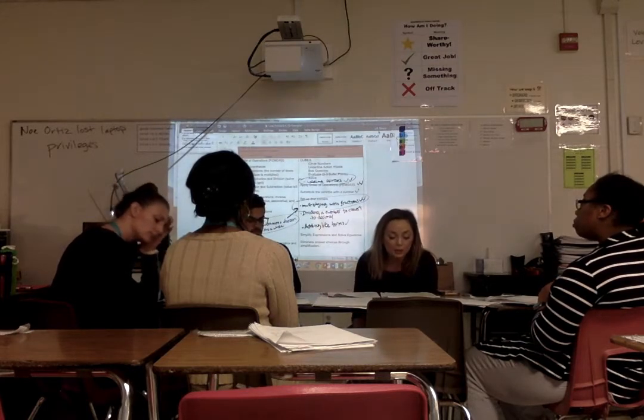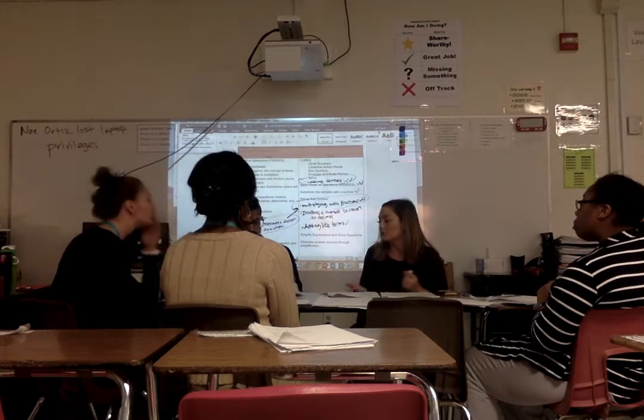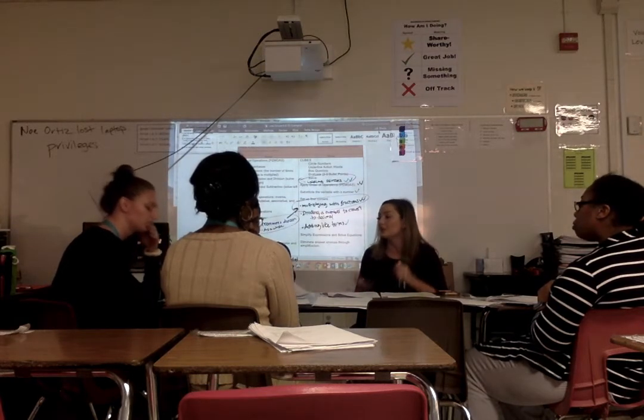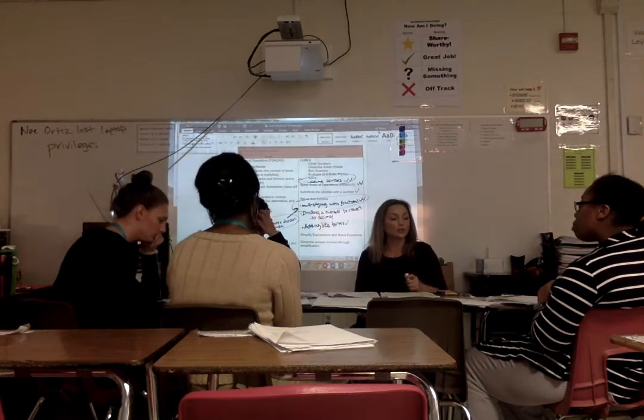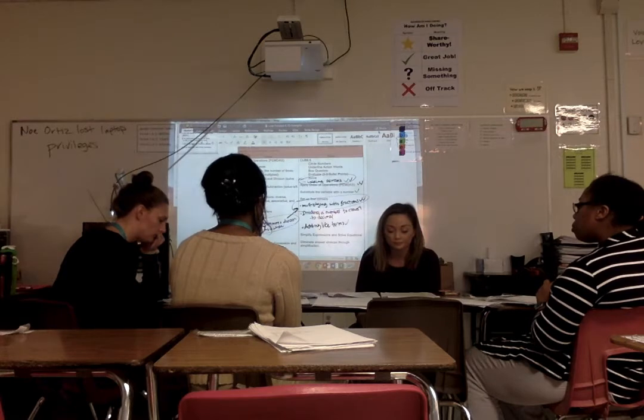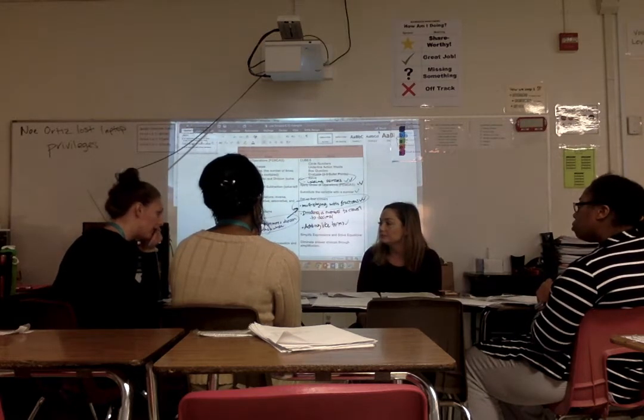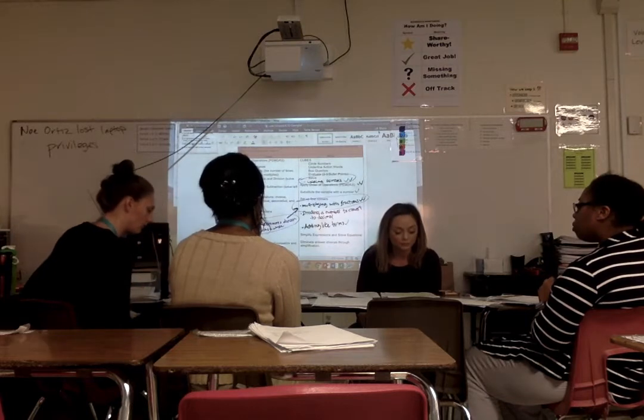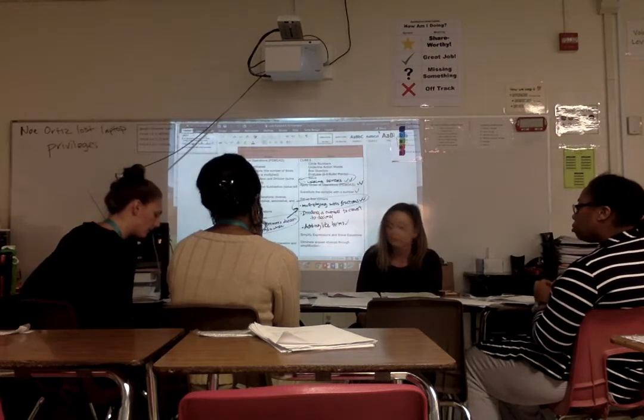And then what is the ideal answer that we want to see that'll show that we've closed the gap for those students? What will we see in those students' work? Proper use of multiplying or dividing fractions and being able to solve for the answer.